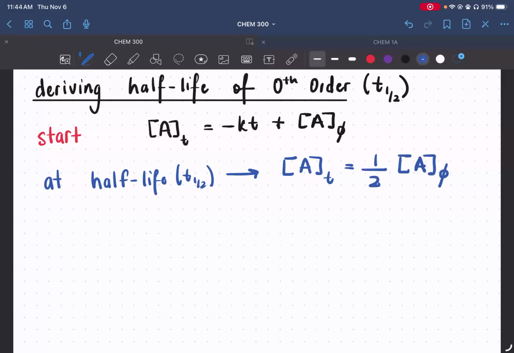Well, if we consider A naught as initial, and A_t as final, then the final amount of A is going to be half the amount of the initial. That's half-life. It's the amount of time for a substance to decrease to half of its amount. So if the initial amount is 10 grams, then the final would be 5 grams, because every half-life it goes down by half. So we simply say that it is equal to half A naught.